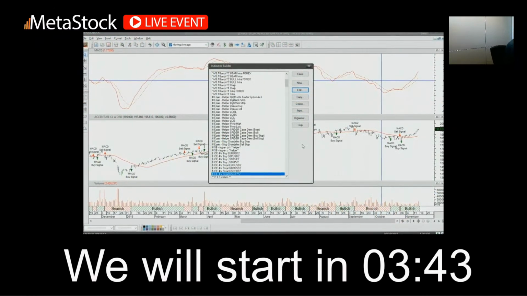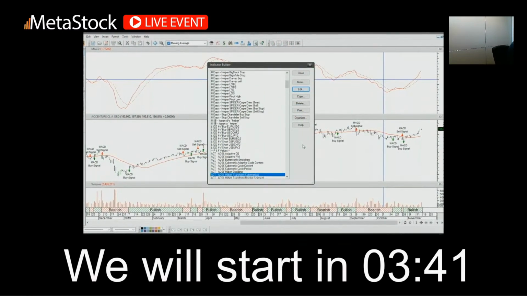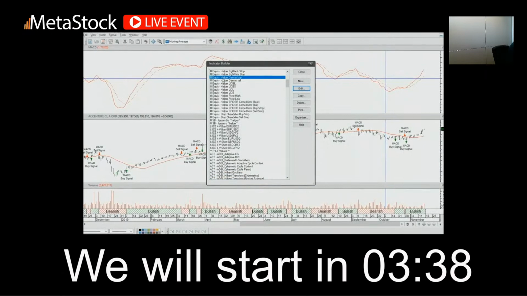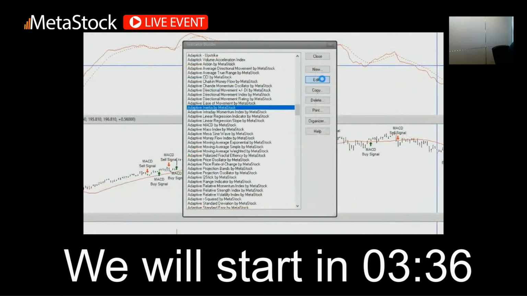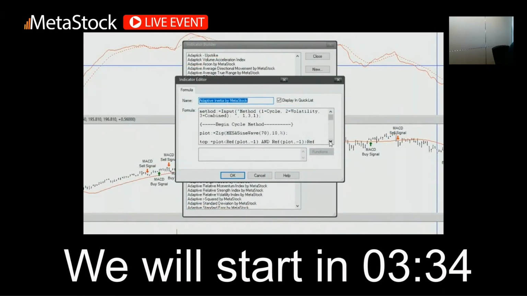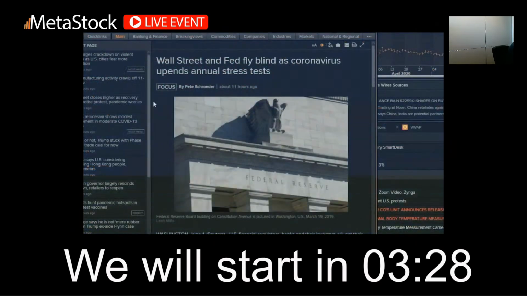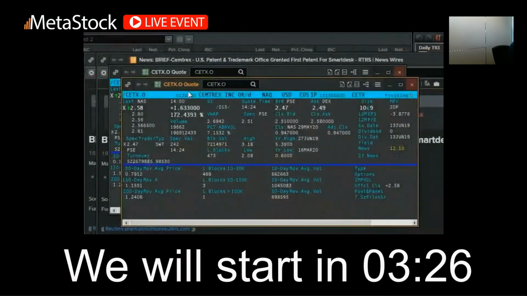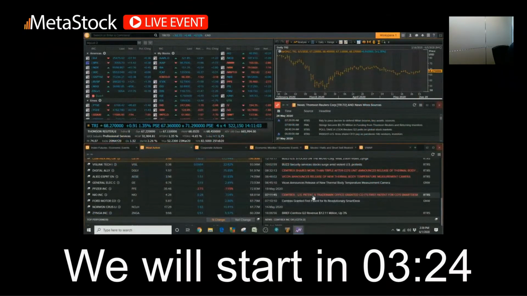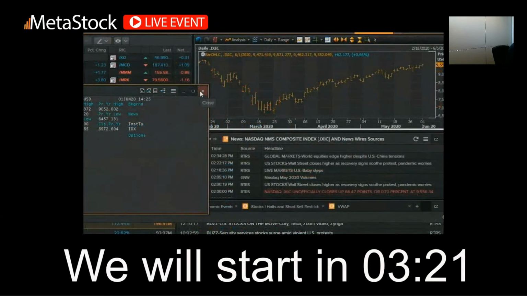And as you become a more experienced trader, Metastock grows with you. Advanced analysts will enjoy the comprehensive list of trading systems and indicators and the ability to build their own systems. And if you're a day trader, you can't do better than Zenith, the real-time news, data, and analysis package offered by Refinitiv, a world leader in market data.